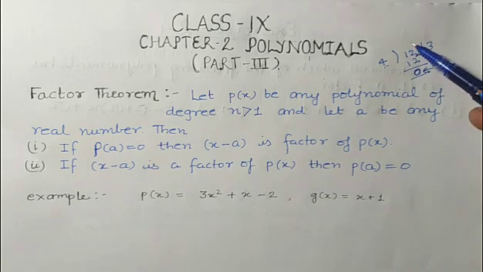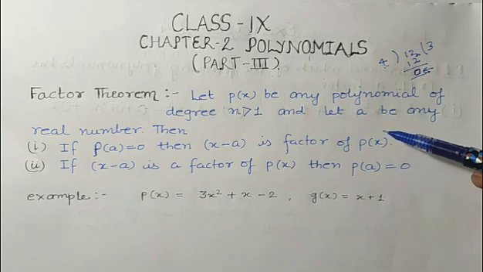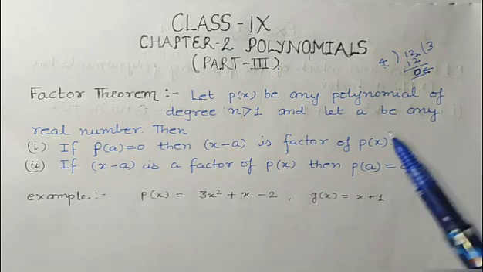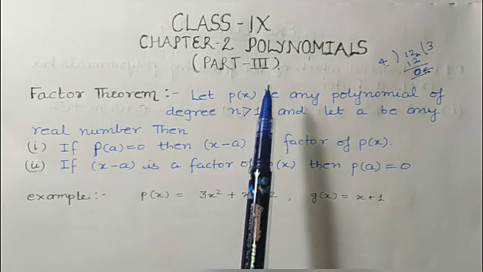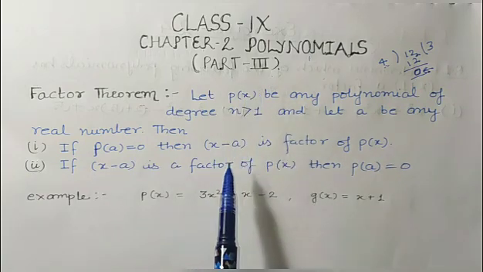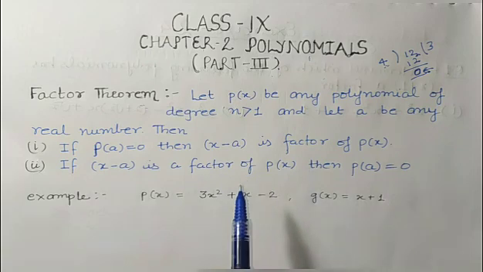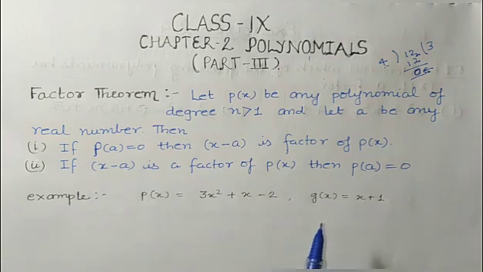So this concept we will use here also. Firstly, we will find the remainder directly, as you have seen in the last part of the video, in part 2. How will we find the remainder directly? Firstly, we will make the divisor equal to 0.